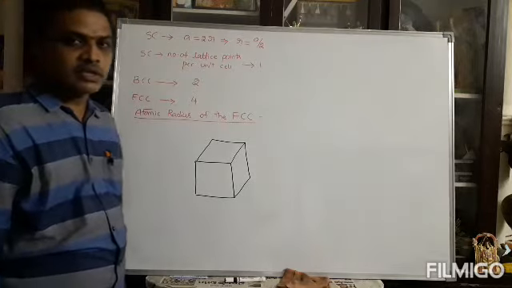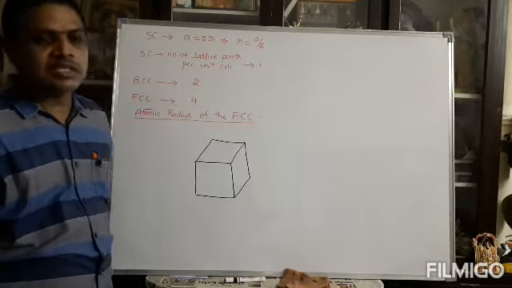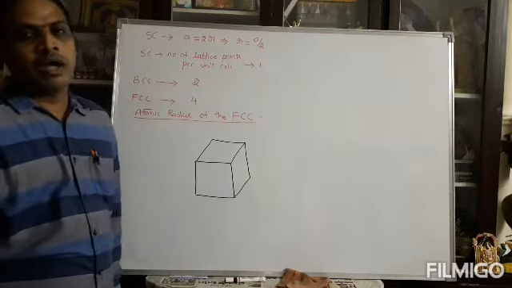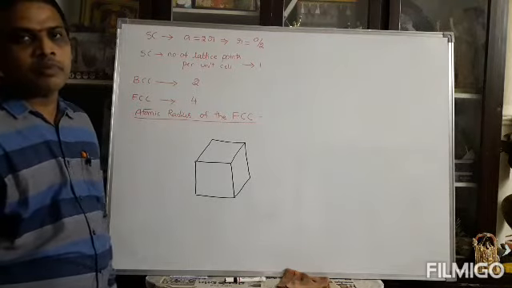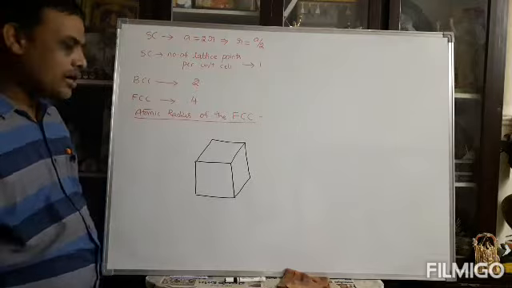Face-centered cubic structure is nothing but every center of the face is occupied by one atom, and each and every corner is occupied by a lattice point or atom.